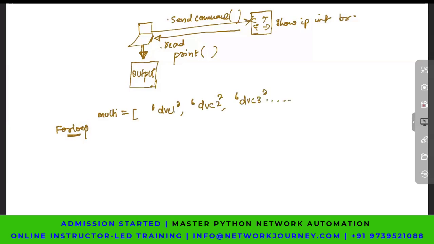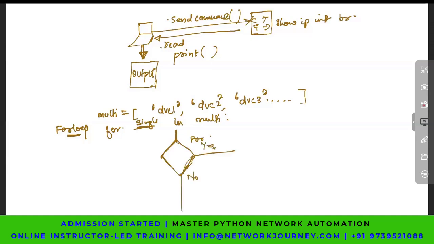And I had a for loop integration. I said for single in multi-device, colon. So basically, if I write a flowchart, this is a for loop. Let's say this is a yes or no scenario.